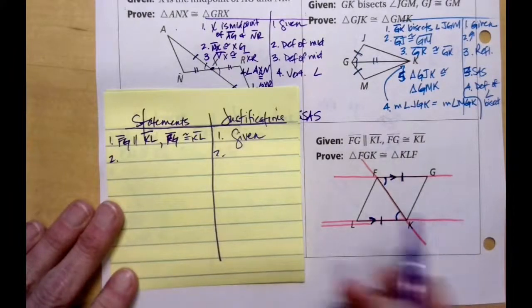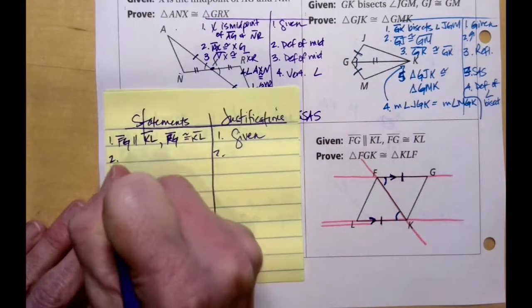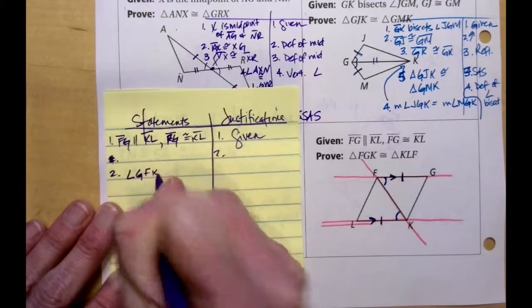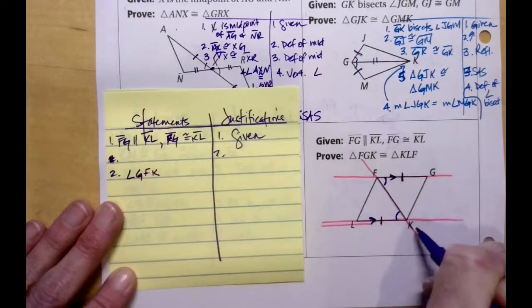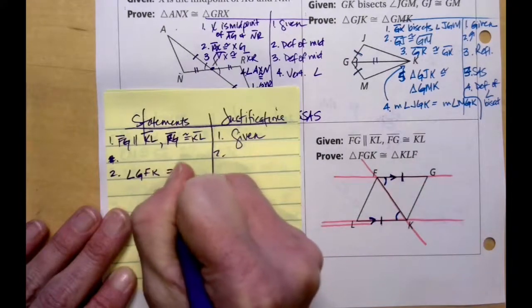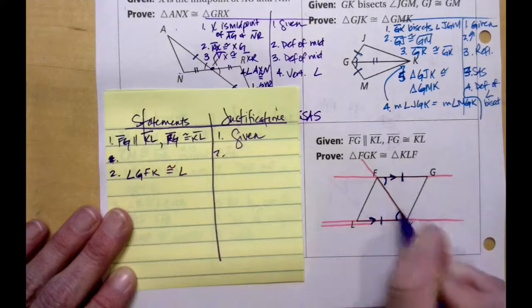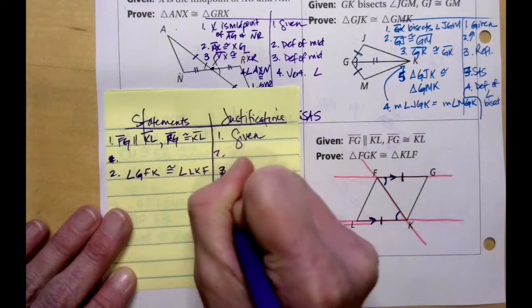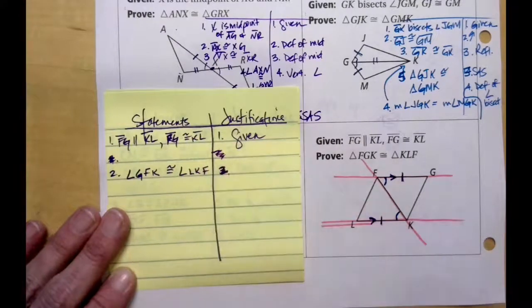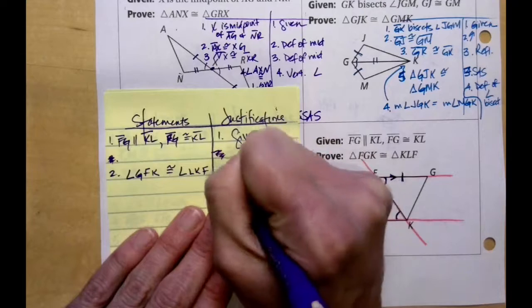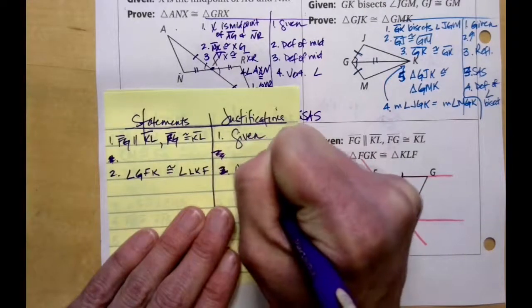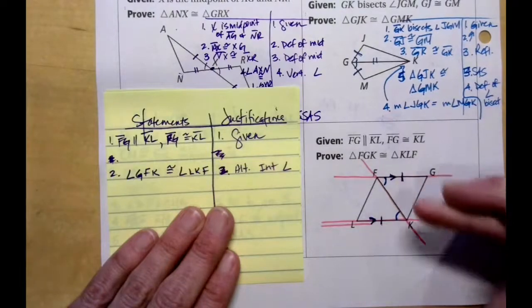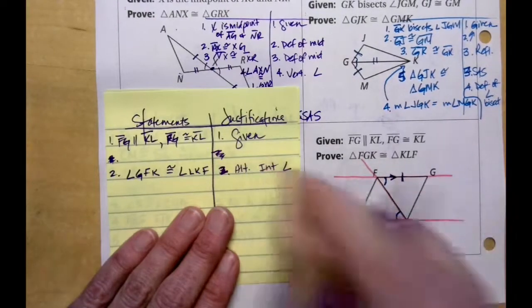So I know that angle GFK and angle LKF, I know that they are congruent. How do I know that they are congruent? Because they are alternating interior angles. If the lines are parallel, then I have these cool relationships. I don't need the converse.